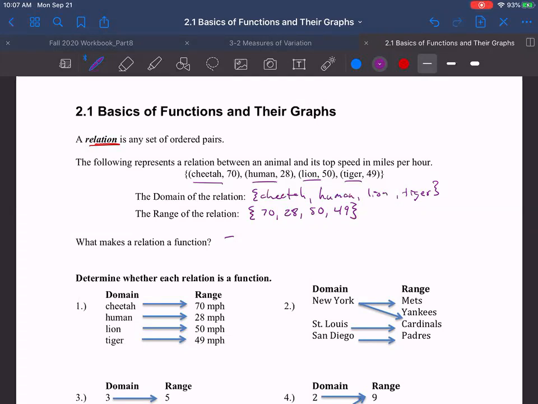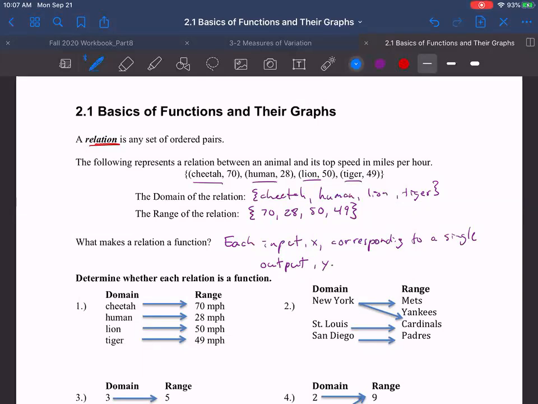So each input, or X, you have it corresponding to a single output, which will be your Y value of your ordered pairs.